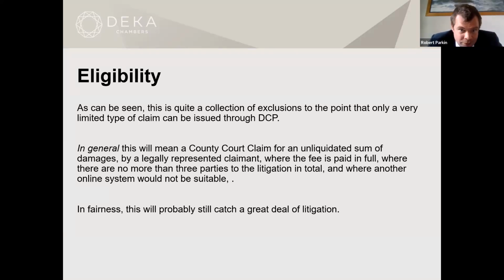In general, that means probably a county court claim for an unliquidated sum of damages by a legally represented claimant, where the fee is paid in full, where there'll be no more than 3 parties to the litigation, and where another online system would not be more suitable. That probably will still catch quite a lot of litigation.